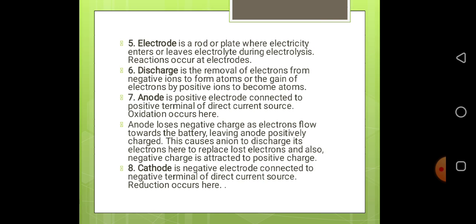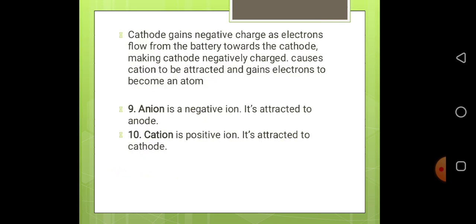Positive ions go there and are deposited to become neutral. The cathode gains negative charge as electrons flow from the battery toward the cathode, making the cathode negatively charged, so positive ions are attracted and gain electrons to become atoms.